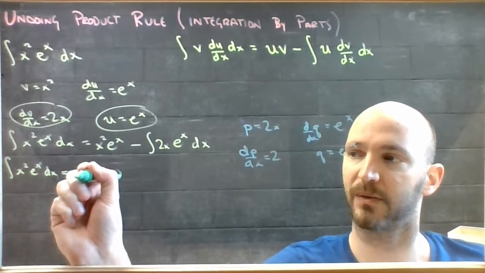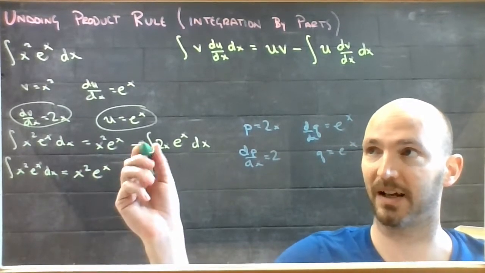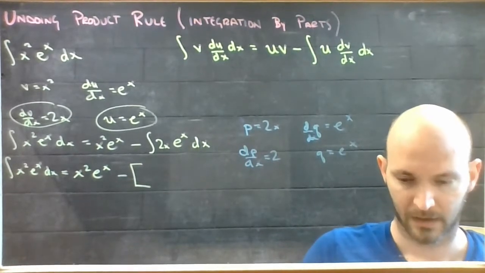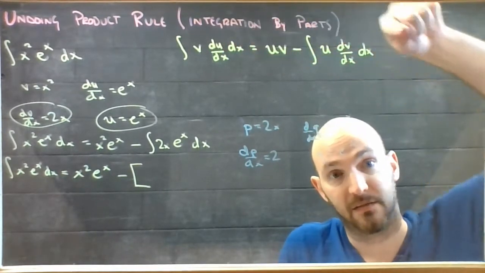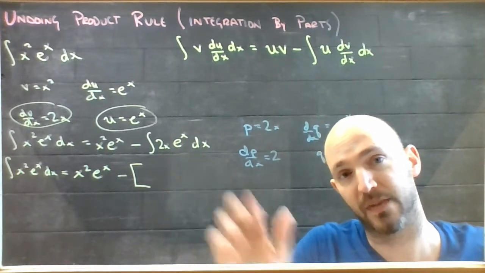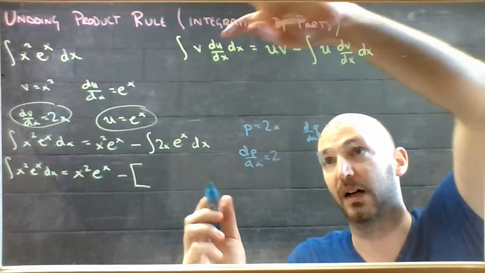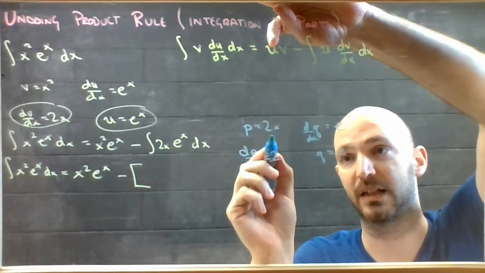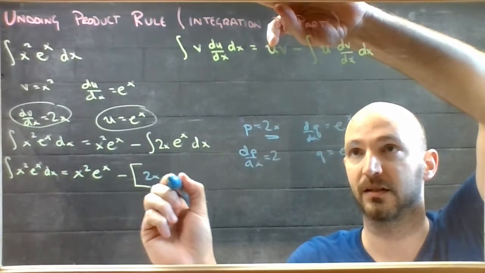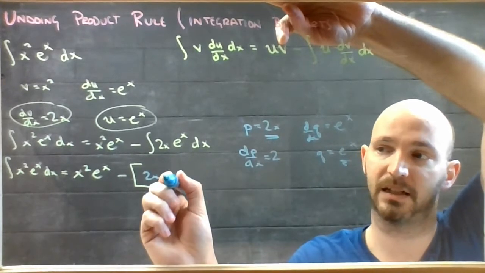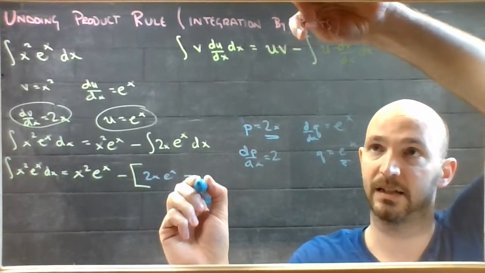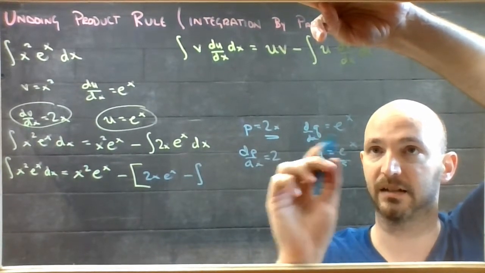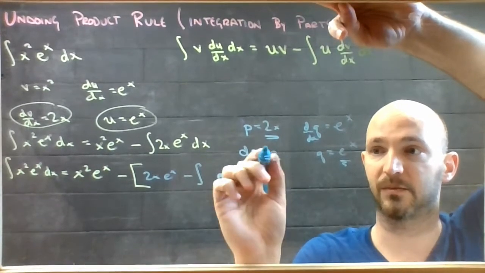This thing was already there because of my first attempt at integration by parts. Subtract. Now I'm going to use this puzzle piece again, using these pieces to try and solve that integral. So the integral of 2x e to the x dx is this piece here, 2x, times this piece here, e to the x, subtract the integral of this piece, which is here, and this piece, which is here.